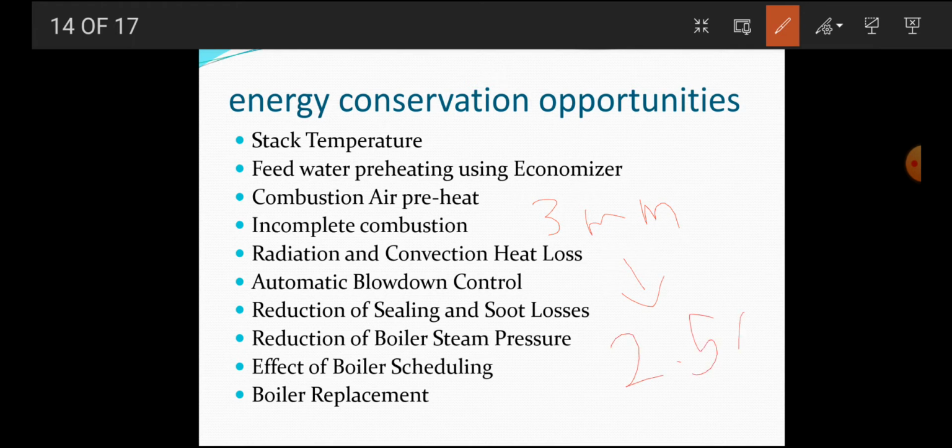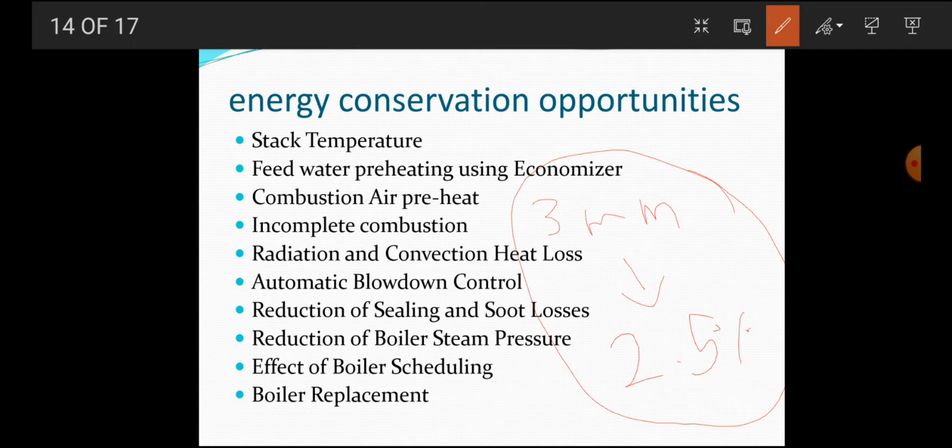Due to increase in flue gas temperature, periodic offline cleaning of radiant furnace surfaces, boiler tube banks, economizer, and air preheaters may be necessary to remove the stubborn deposit. So 3 mm soot can increase the fuel consumption by 2.5%.